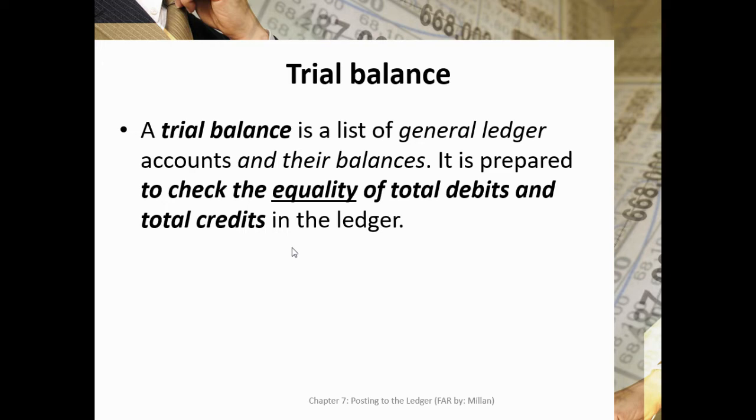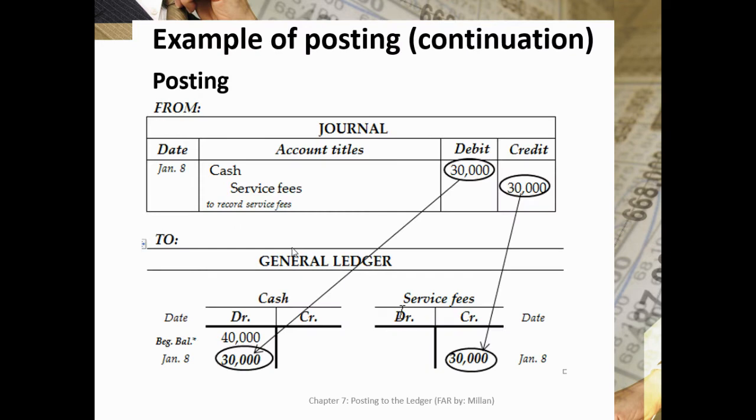Kung si general ledger ay summary na ng kada account, si trial balance naman ay mas summary pa ng mga accounts na nasa general ledger, at ang makikita mo na lang dito sa trial balance ay yung mismong balanse ng account na yon. For example, itong cash.